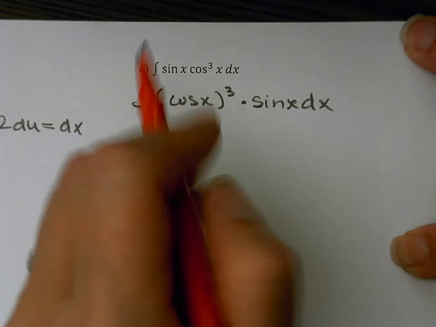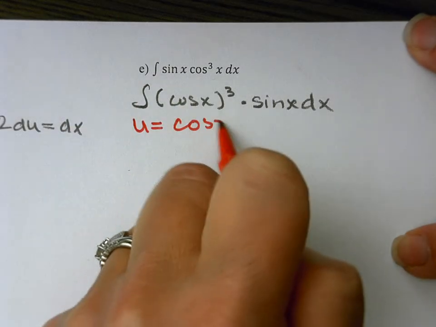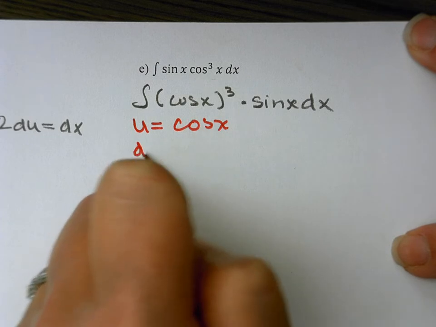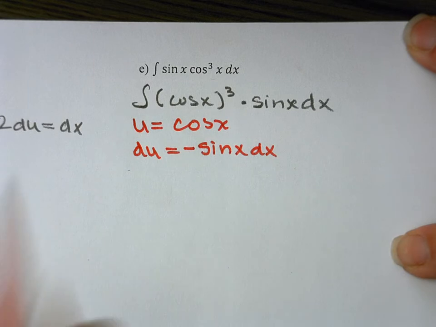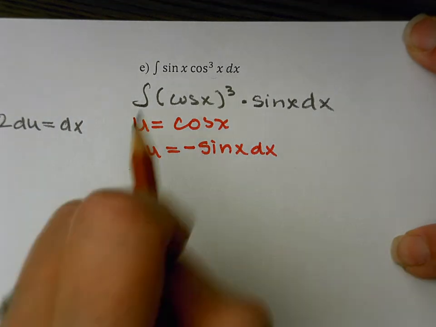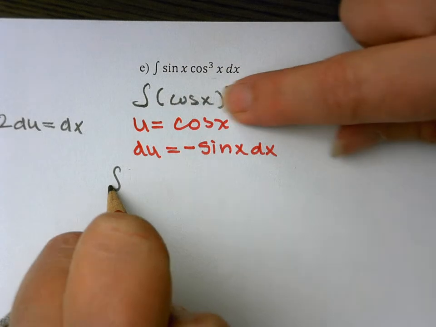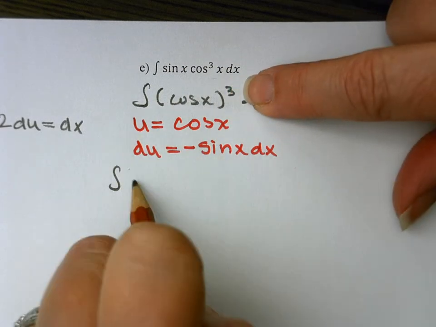All right, so we're going to let u equal the inside, so that would be cosine of x, and then now I'm going to take that derivative. So the derivative of cosine is negative sine of x dx. Okay, and so now let's do our substitution. So then cosine of x, I'm looking down here, what can I replace cosine with? I can replace it with u, and then it will keep that power of 3.